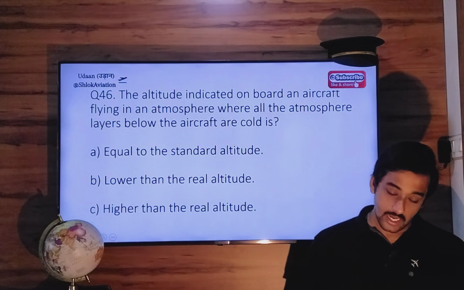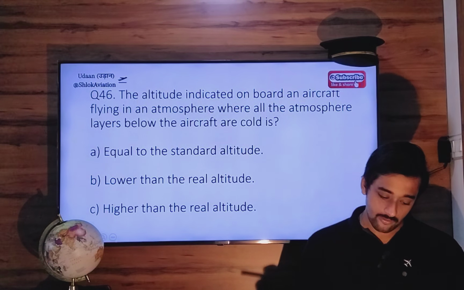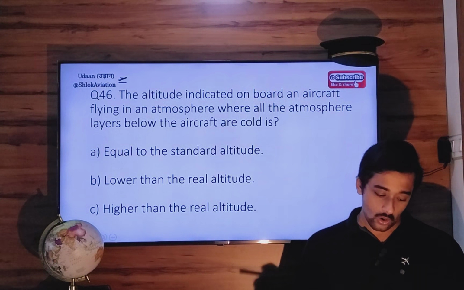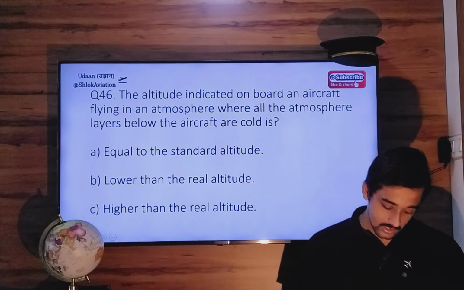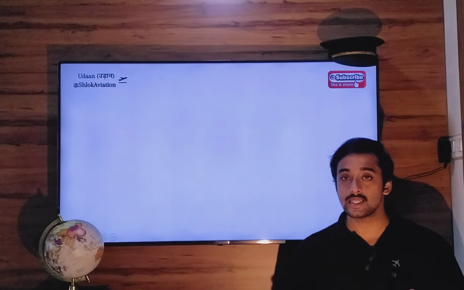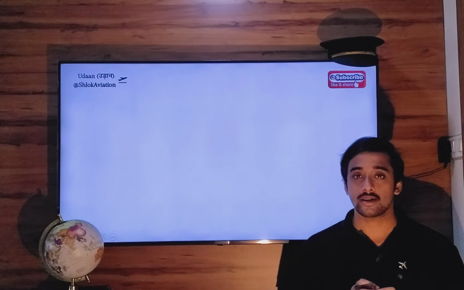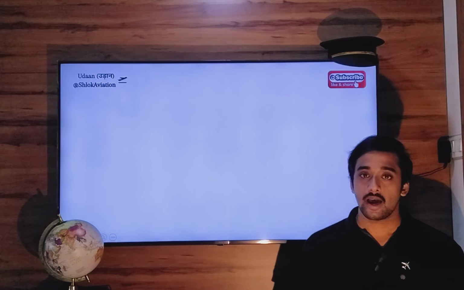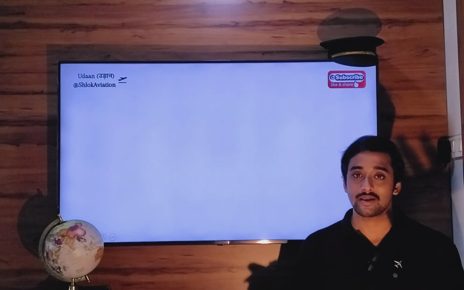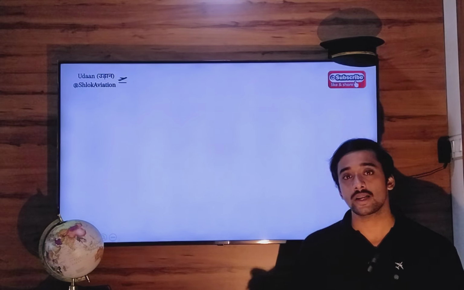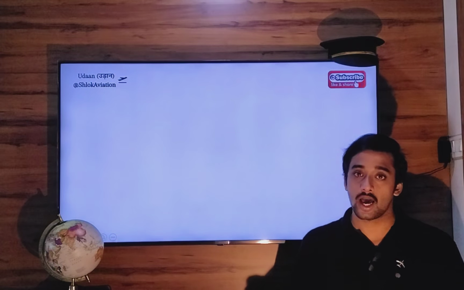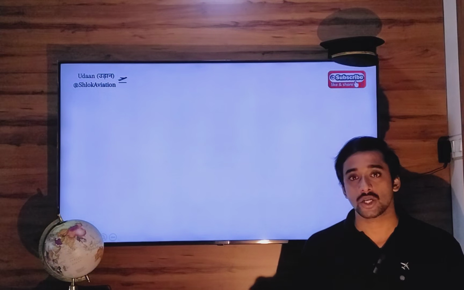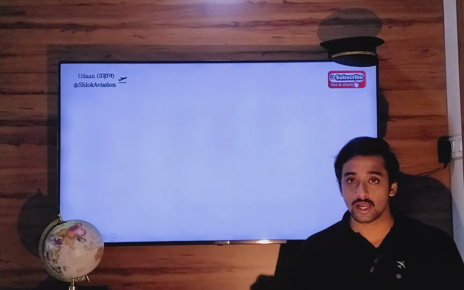Next. The indicated altitude on board an aircraft flying in the atmosphere, where all the atmosphere layers below the aircraft are cold, is what? I have covered this in detail in a separate video on altimetry errors, where I explained how an altimeter behaves when you fly in a warmer than ISA air mass, colder than ISA air mass, in a higher pressure region, lower pressure region, right?